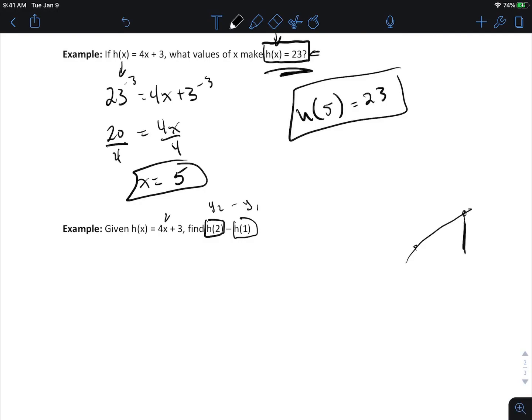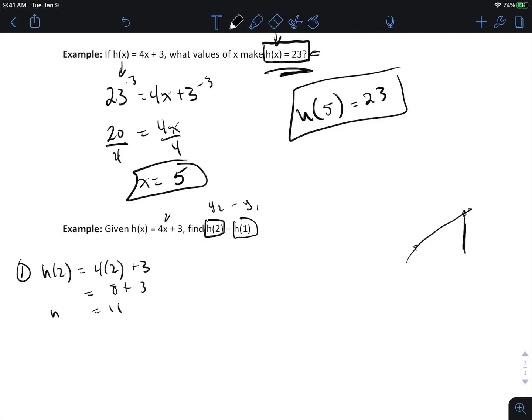So all you have to do is the same stuff we've just been doing, but in 2 steps. So the first step is I'm going to do h at 2, and I'm going to get a number, right? I'm going to go 4 times 2 plus 3. So that's 8 plus 3, right? Should be 11.